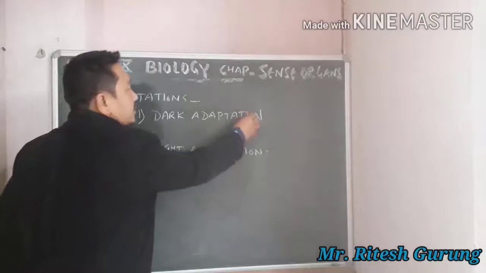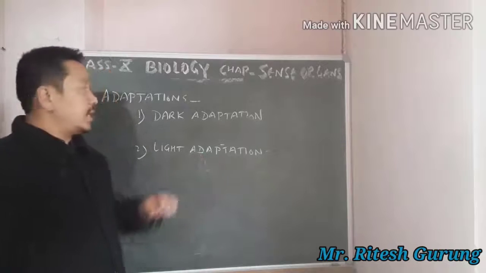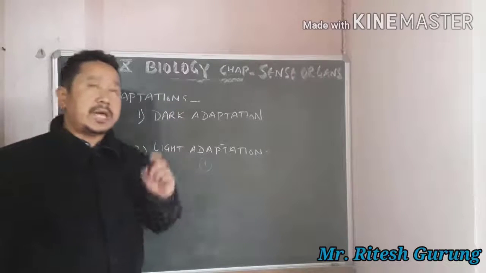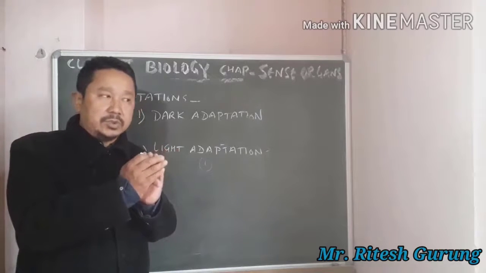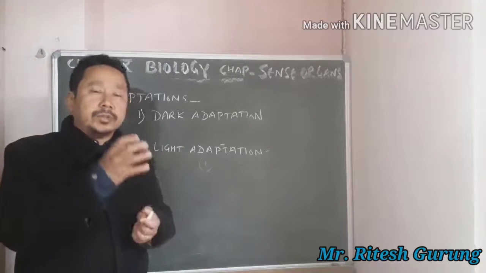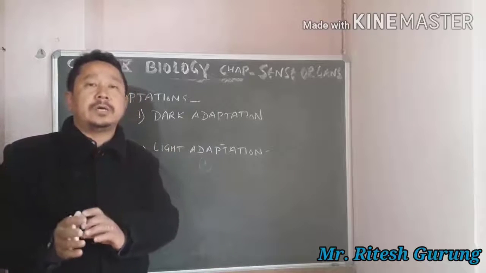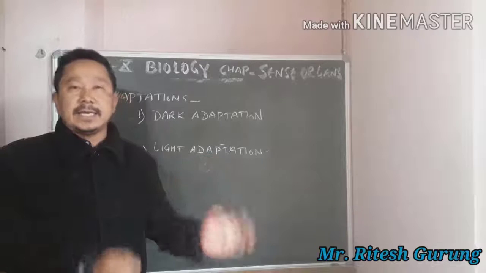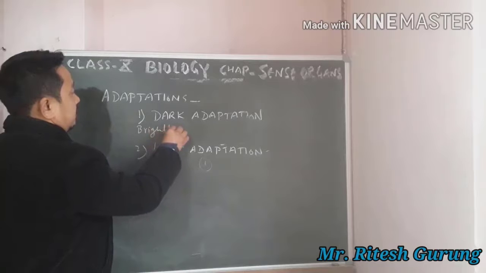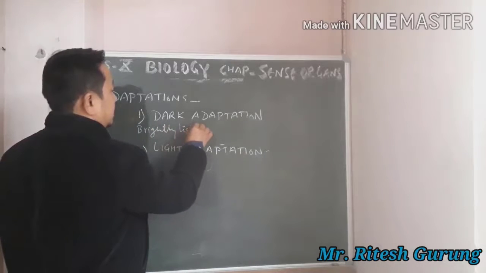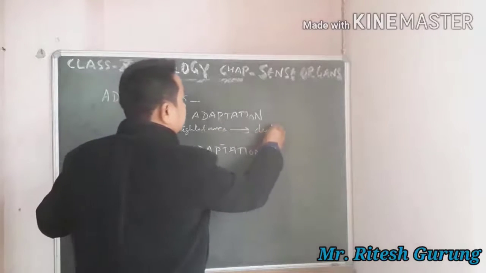This is of 2 types, that is dark adaptation and light adaptation. Dark adaptation means how your eyes adjust to improve your vision in the dark place when you all of a sudden go from a brightly lighted area to a dark place.